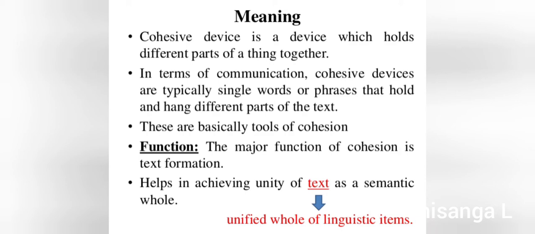And the major function is text formation. Obviously, the reason why we are gluing word A and word B is so that we are able to do what? To form a text, to form a unified idea, or to create unity within the text.